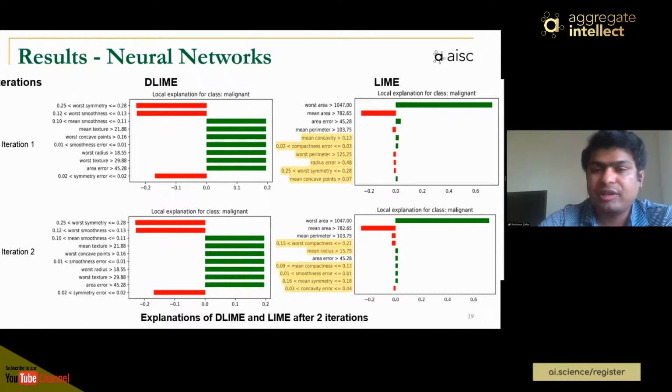Similarly in LIME, they are using the same thing: negative coefficients represented with red bars, and positive coefficients represented with green bars. So these are only two iterations. We computed this result on 10 iterations.